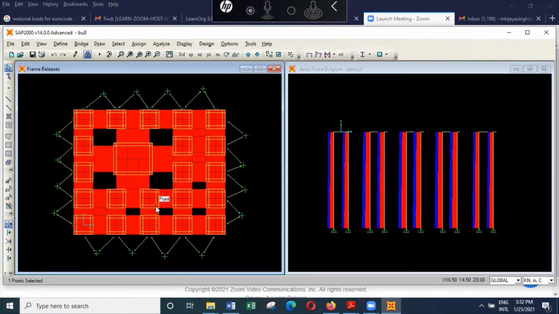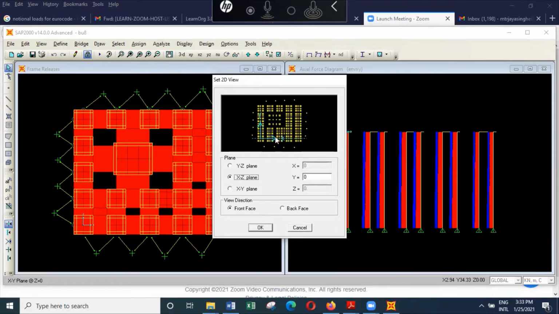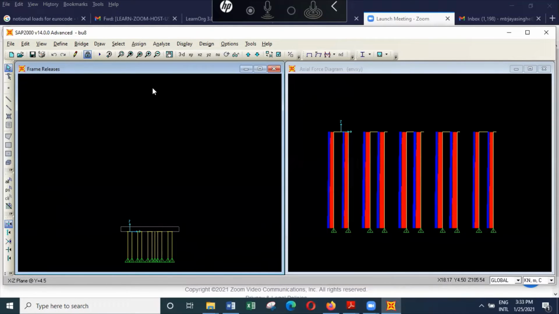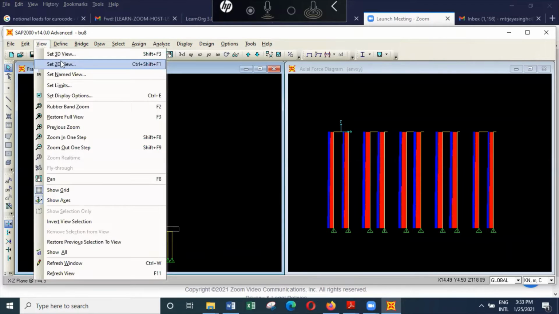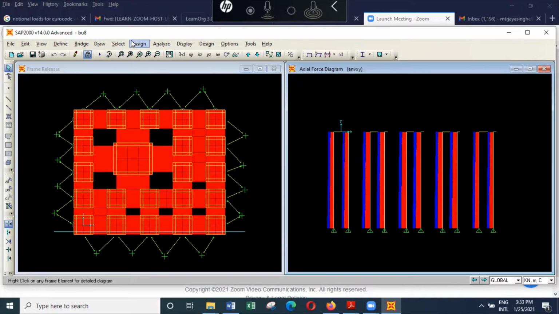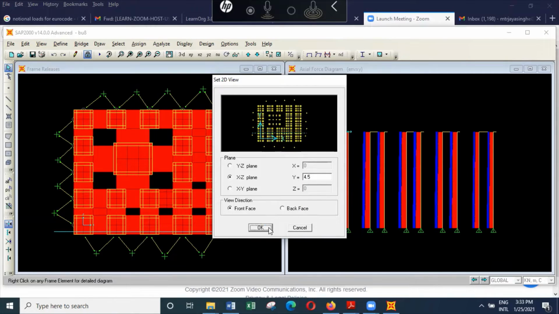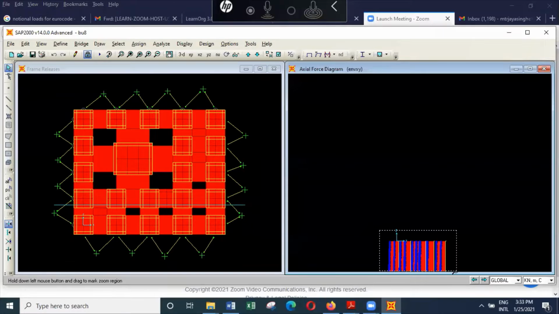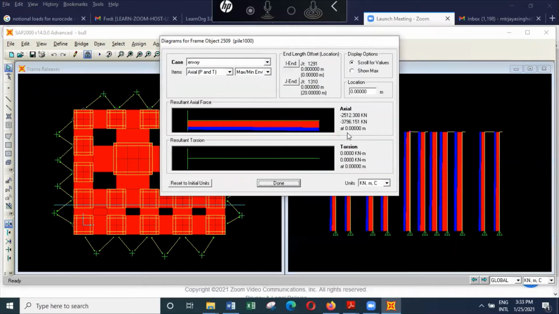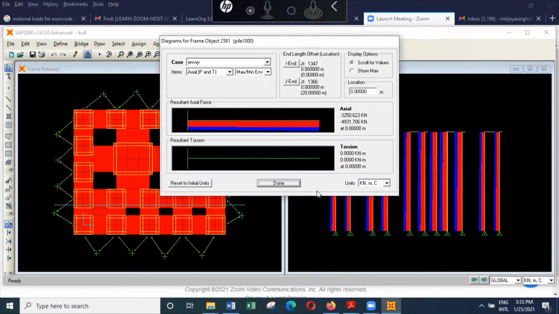And if you look at a section through this one, that is y is 4.5 view, here you can see the forces 3796, and this may be even higher, something like 4931.